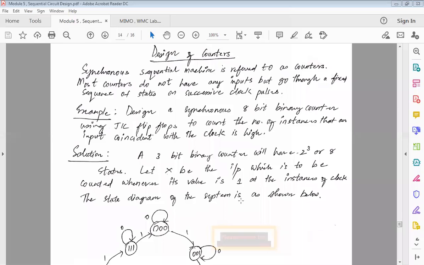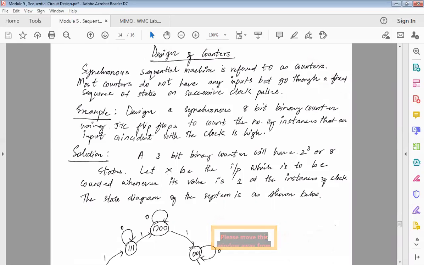So clocks play a very important role. With regard to digital circuitry, at a particular instant of time, we have to make sure that an event occurs. If the event occurs exactly at that moment, then we can say that the purpose is served.